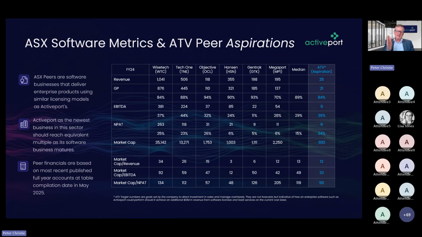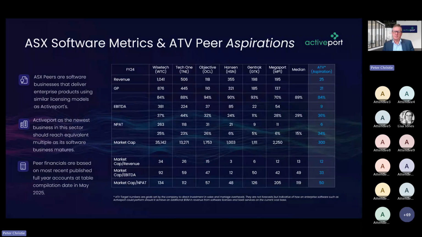And if you look at the peers in this space, for example, WiseTech is a specialist in freight software. Megaport aside, Tech One and Objective are both enterprise software products. Activeport is an enterprise software product. Hansen's solution is based on a service bus for back office processing in utilities and telco.